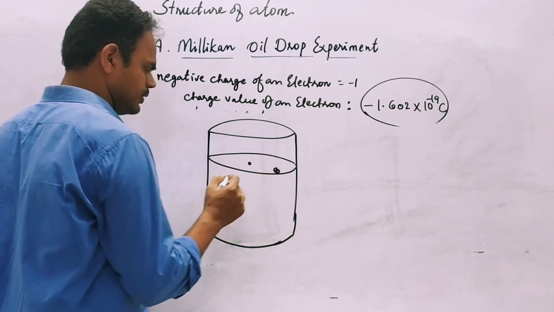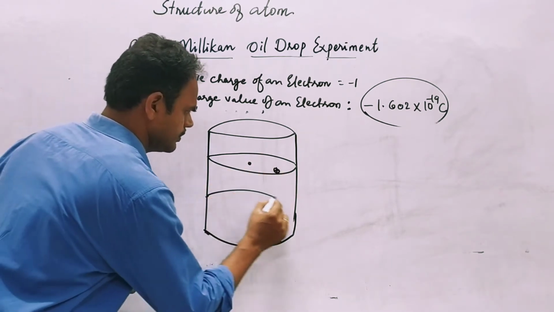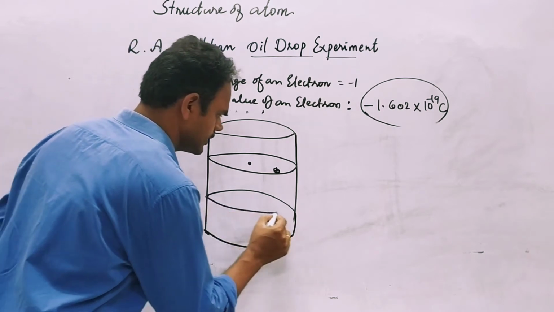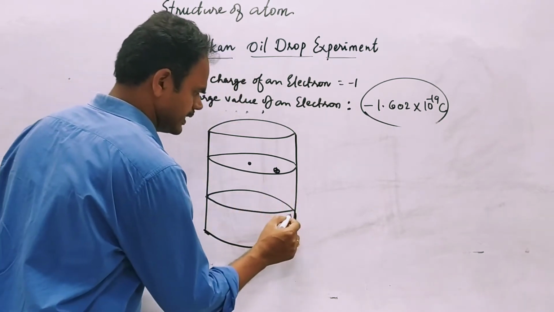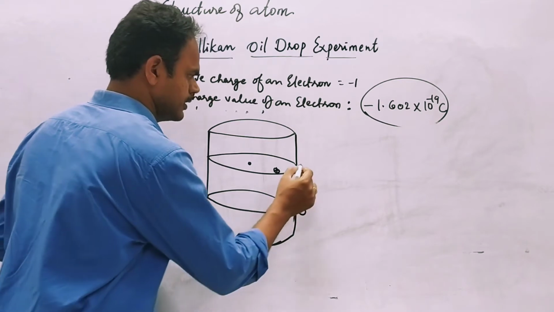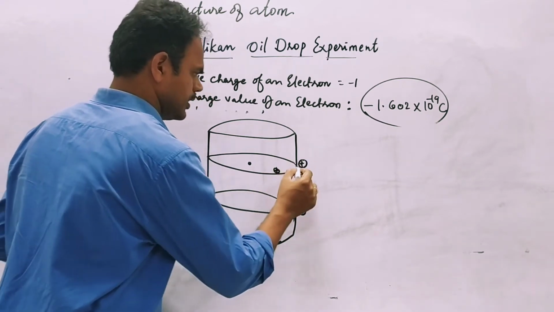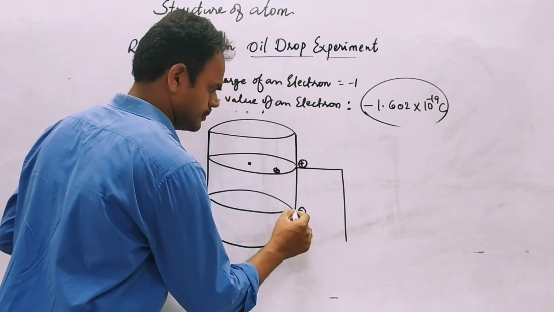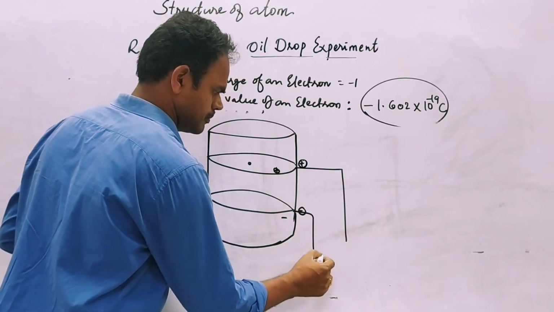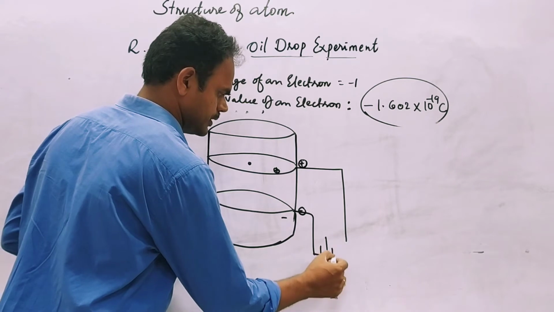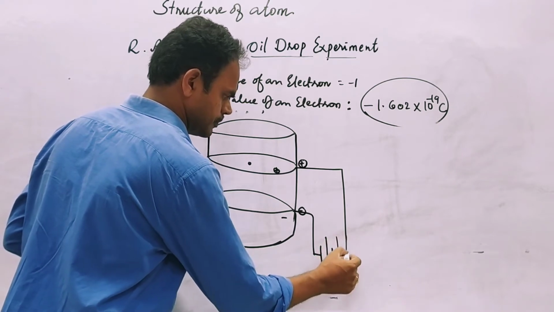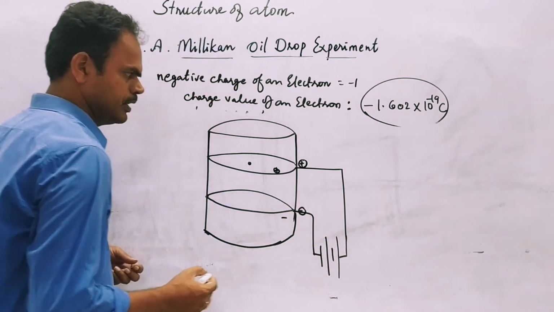The other metal plate, the other electric condenser, carries a negative charge. Both are connected: negative, positive, negative, positive. This is the arrangement.